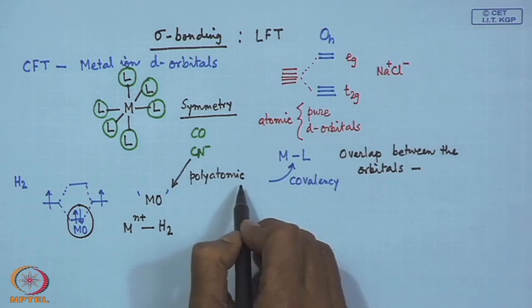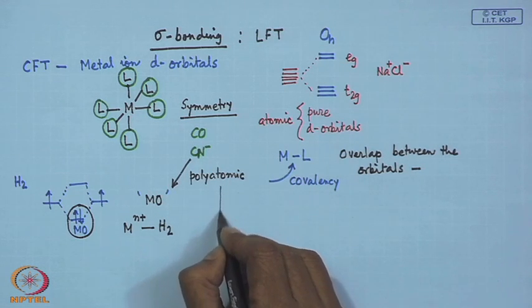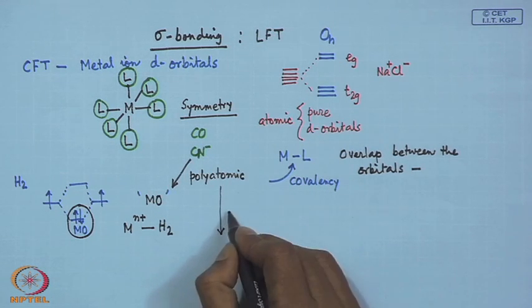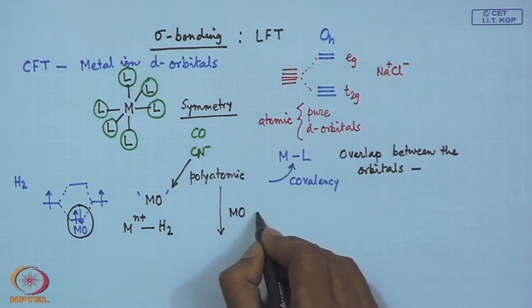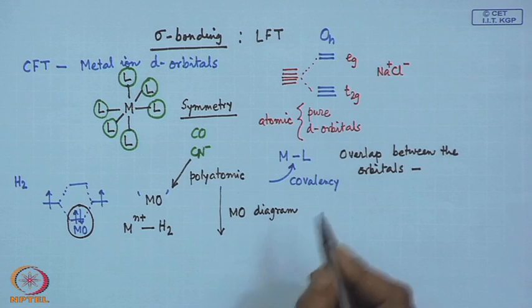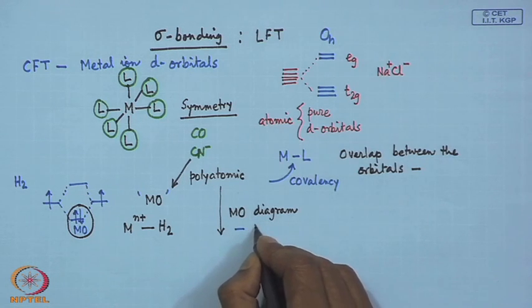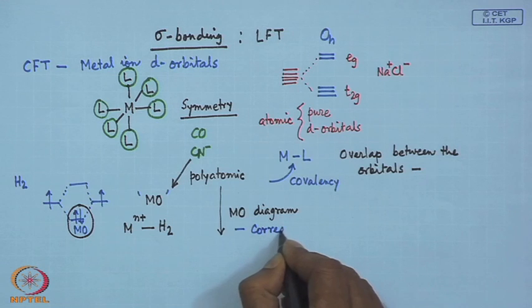For polyatomic systems like carbon monoxide as well as CN minus, we have the typical molecular orbital diagram.